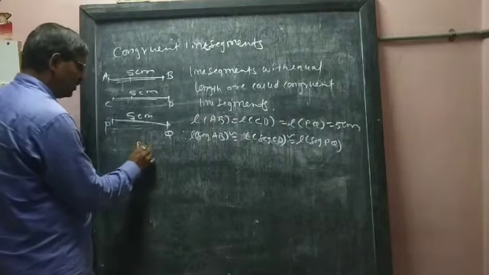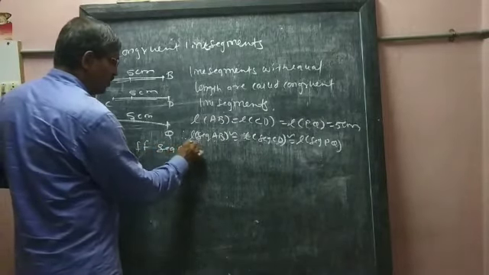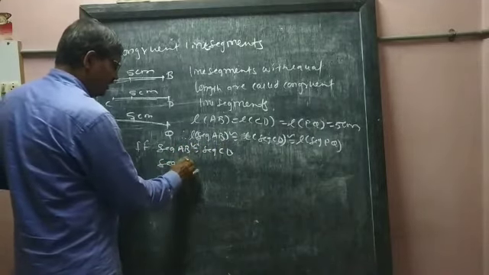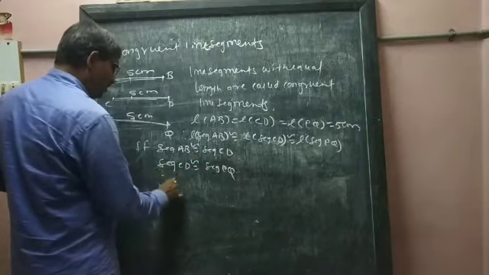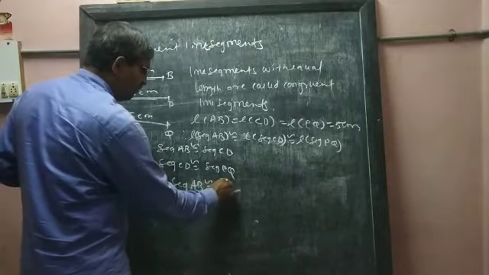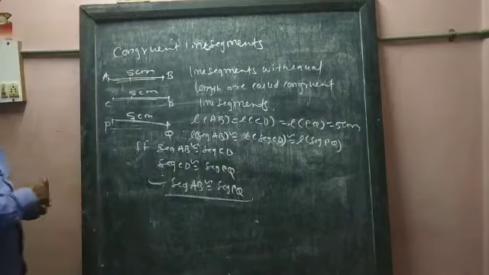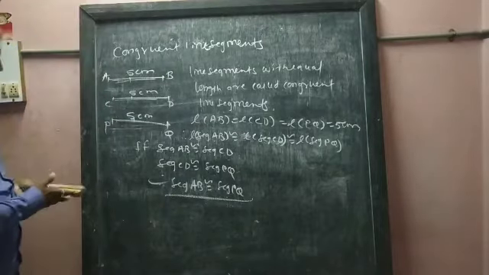Suppose seg AB is congruent to seg CD, seg CD is congruent to seg PQ, therefore seg AB and seg PQ are also congruent. This is also one of the properties of congruent line segments.